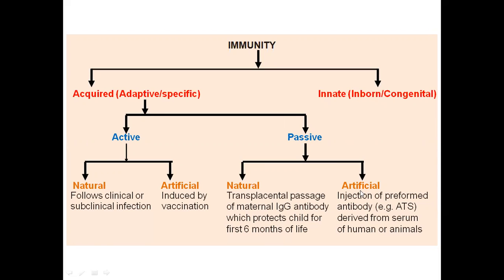For example, we know that the injection of tetanus is given after an injury. We know that is ATS. What does ATS mean? That is anti-tetanus serum, meaning the antibodies given after injury to avoid the tetanus disease.